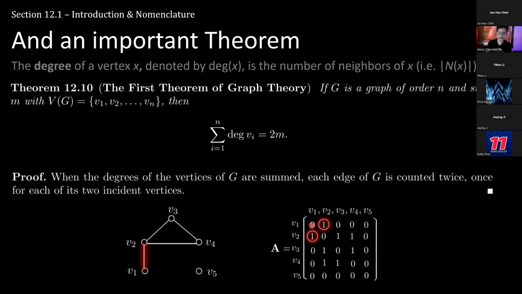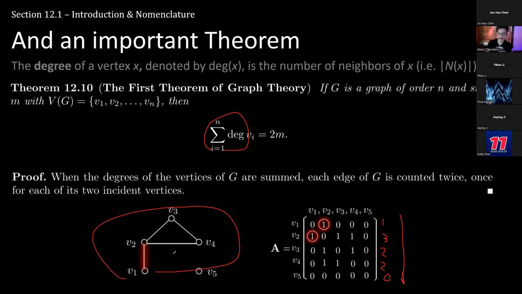So remember, the degree of each vertex would just be the sum along the row. And then this quantity here, the sum of the degrees, would be, once we calculate the sum along the row, we take the sum of those numbers. So for example, 1, 3, 2, 2, 0 will be the degrees of this thing. And then if we want to calculate this, we just sum these.